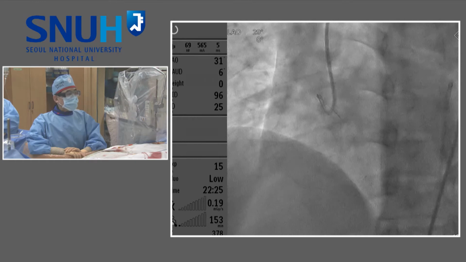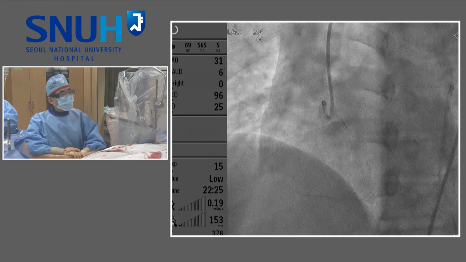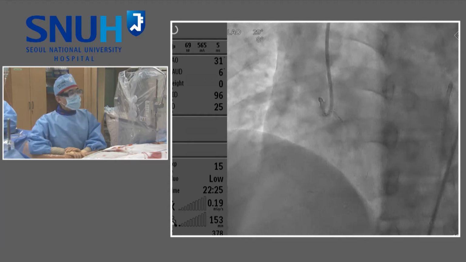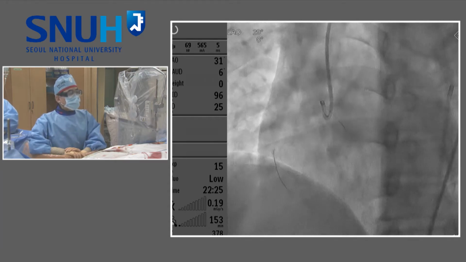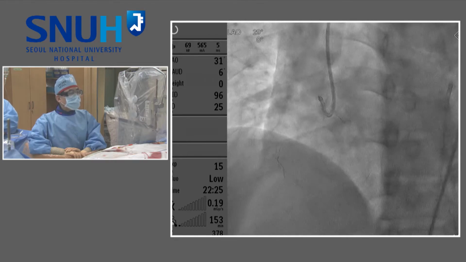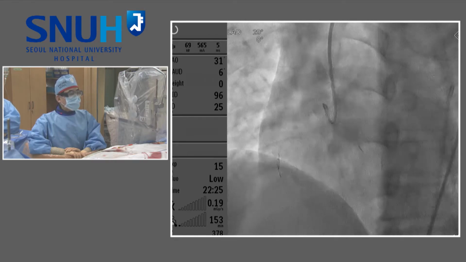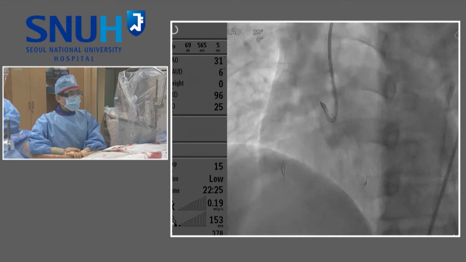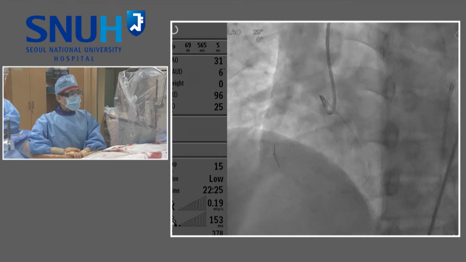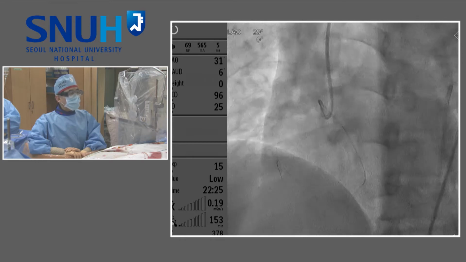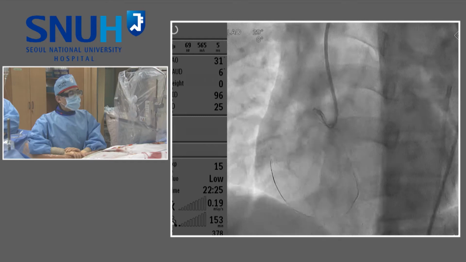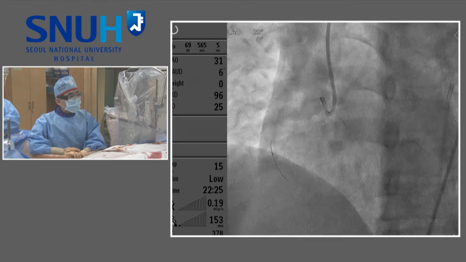Distal RCA, mid RCA. Okay, mid RCA, just the distal stump. Then I advance the Caravel gently, not difficult, without rotation, just a gentle push with pulling of the wire.